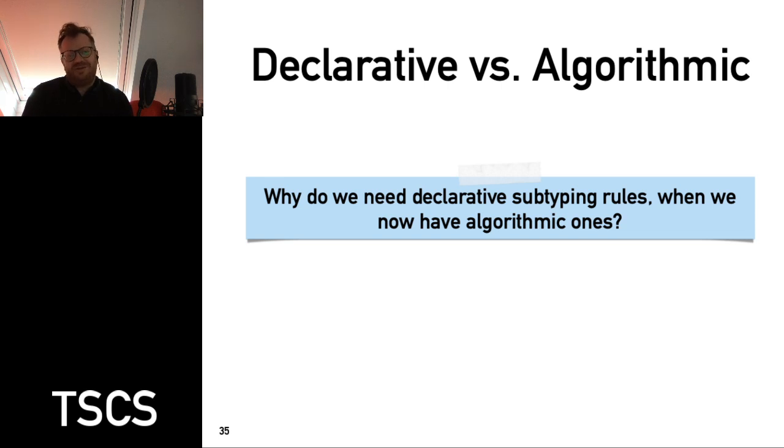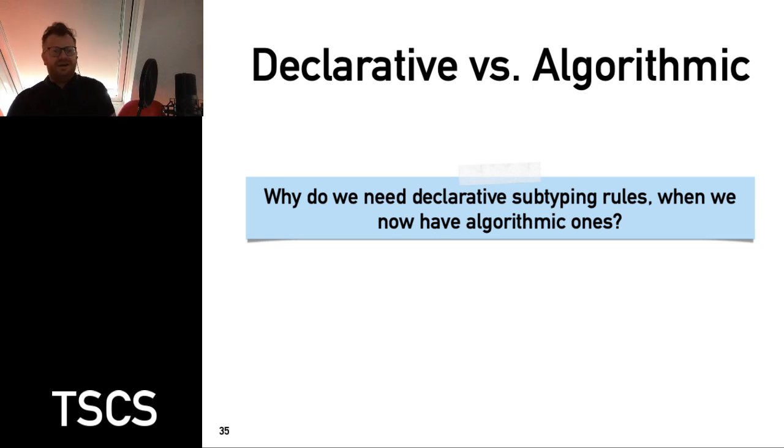Yes and no. The type checker that we implemented at that point is declarative, so it follows declarative rules. We cannot do this for subtyping, as we just said. And then for subtyping, we call this specially prepared algorithmic solution. This is true though, but why do we need declarative subtyping rules?